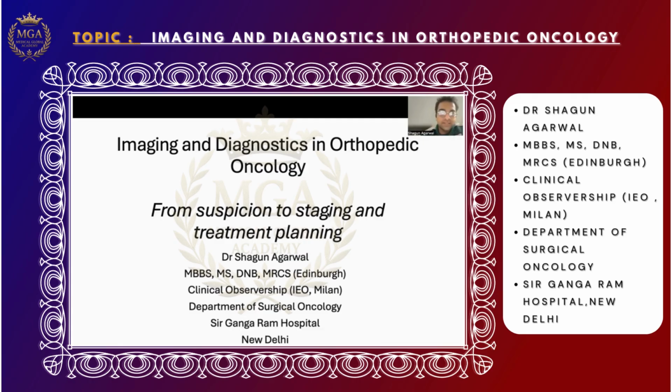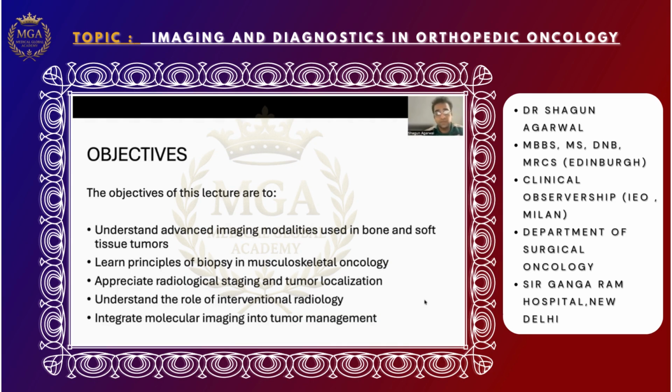So today we'll be discussing the diagnostic approach using imaging and the modern diagnostics that are available for orthopedic tumors, from suspicion to staging, and then we'll move towards treatment planning. Like every lecture, this lecture will have the objectives of understanding the advanced imaging modalities used in bone and soft tissue tumors.